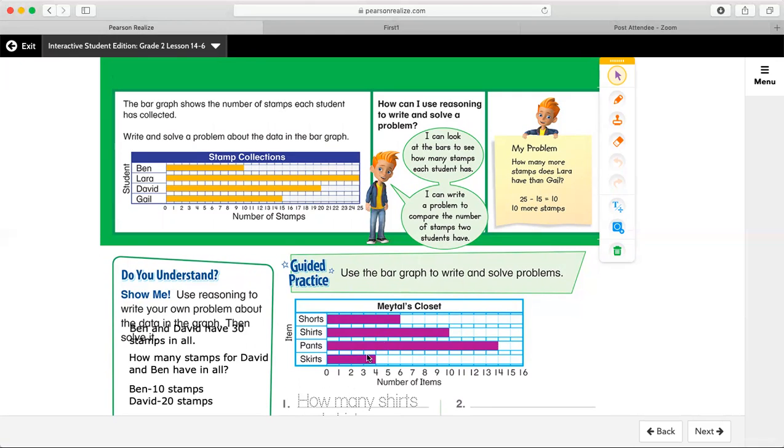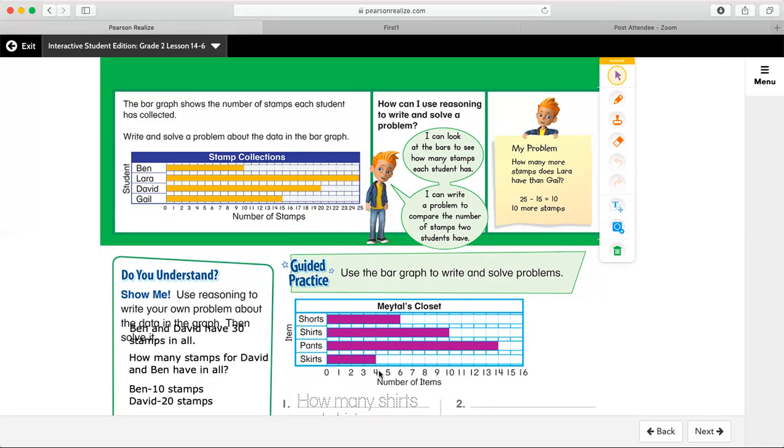But what you would do is look here at the bar graph. For shirts, you see that it's 10, and then if it is skirts, you have 4, so then you would add them together to see how many shirts and skirts are in her closet. And then you're going to create your own. So I'll help you with this one just to give you an idea.